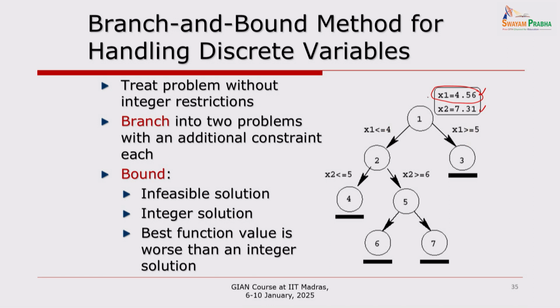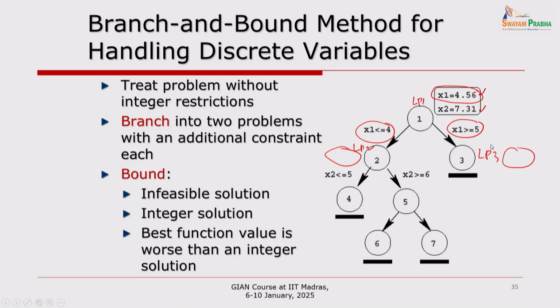I add this constraint to LP1 and make LP2, linear programming 2, and add the other constraint to LP1 and make LP3. I've just added a constraint to each of them. I can still use Dantzig's method and solve again, and I find another solution of x1, x2.